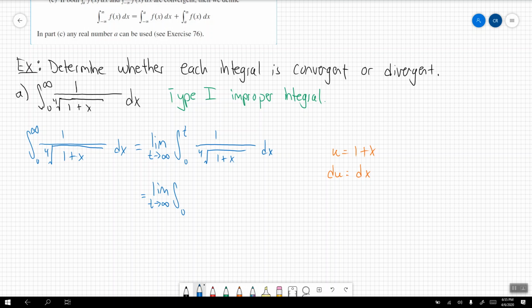I'm actually going to hold this as a placeholder. I'm going to say this is going to approach some a value, and again I'll put a pin on that as to what that means. All right, so here we go. This is now going to be 1 over fourth root of u, and dx, that was that du, which means this actually looks quite nice. 0 to a, and this is going to be u to the power of negative 1/4, and that's du.